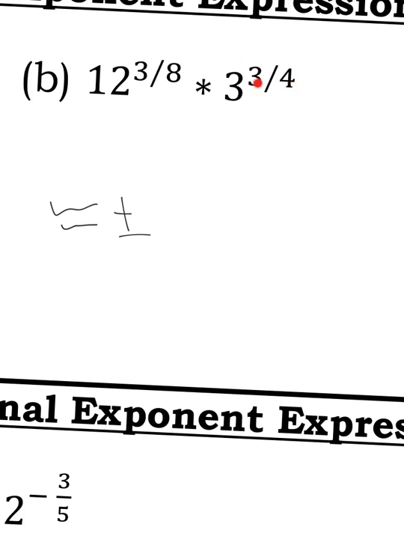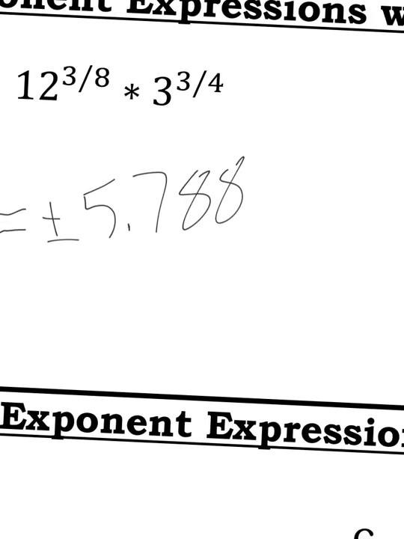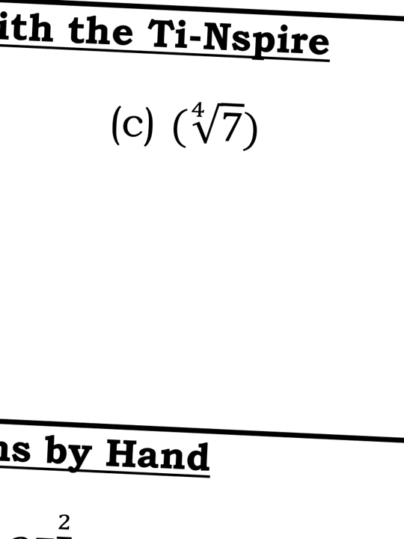I know these are different numbers on top, but because of that, you will have to have that plus or minus with it. So just type this into your calculator, and this is what you should get. About 5.788, okay?